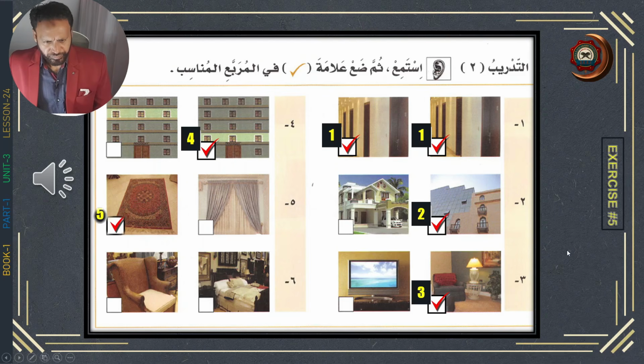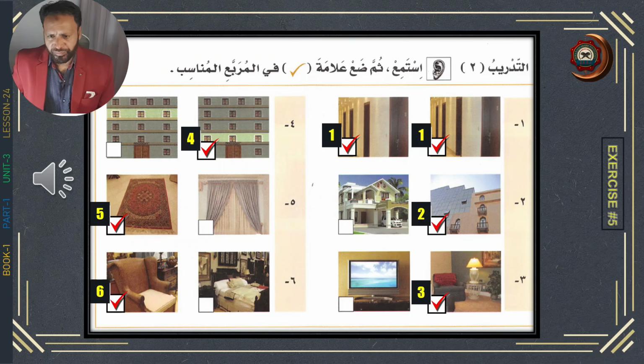Left one. Okay, last one, Jamil sir. 6. أريد أريكة. Left one. I want a sofa. Okay.